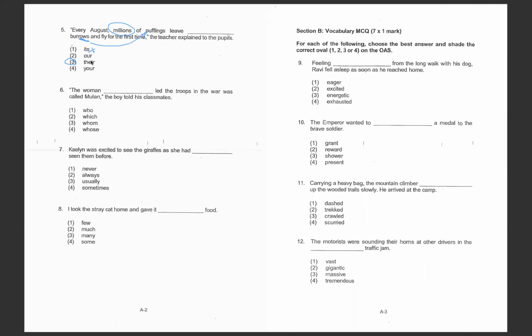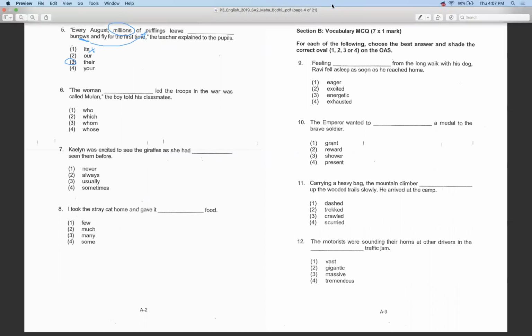And then "our" is belonging to us, in the perspective of the first person. So our house; if you replace it, it can be my house. But you can't say "leave our burrows", because do the burrows belong to you? No, they belong to the pufflings. So it's not "our", it's "their".